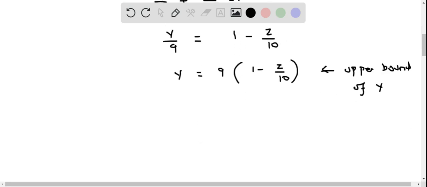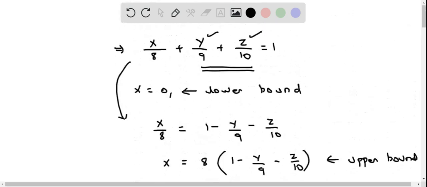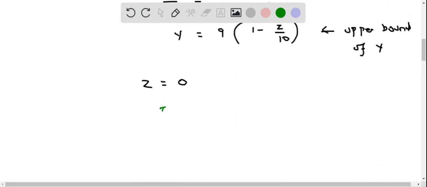Now let's determine the lower bound and upper bound of z. The lower bound is going to be 0, since we determine the volume in the first octant. And to determine the upper bound, we consider only the part of the equation having taken care of the x and y, so we have only z by 10 equals 1. From this, we solve for z, and we multiply by 10 on both sides, which gives z equals 10.